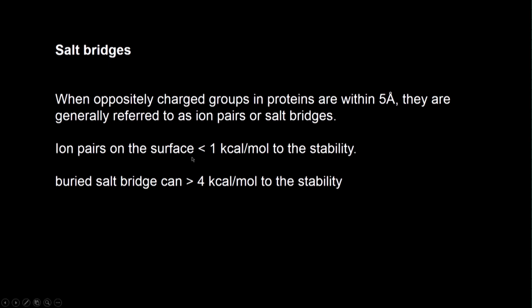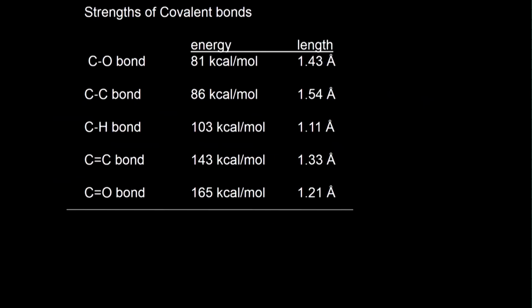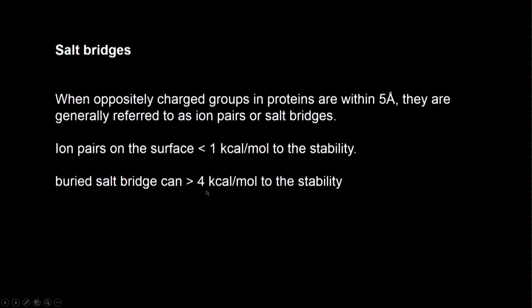Salt bridges: when oppositely charged groups in proteins are within 5 angstroms, anion-cation, cation-anion, they are generally referred to as ion pairs or salt bridges. Look at the energies, they are quite low: ion pairs on the surface contribute less than 1 kilocalorie per mole to stability, and buried salt bridges need greater than 4 kilocalories per mole to be stable. So the numbers are very low. So ion pairs form salt bridges.